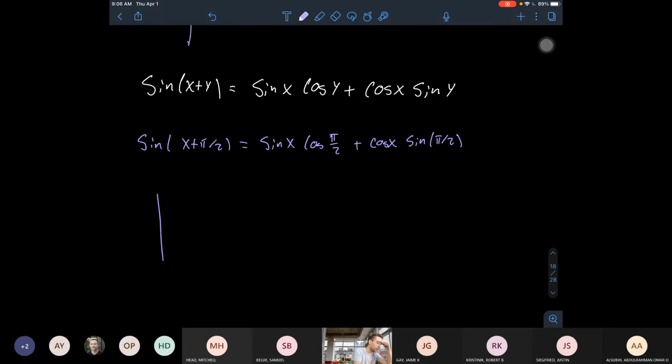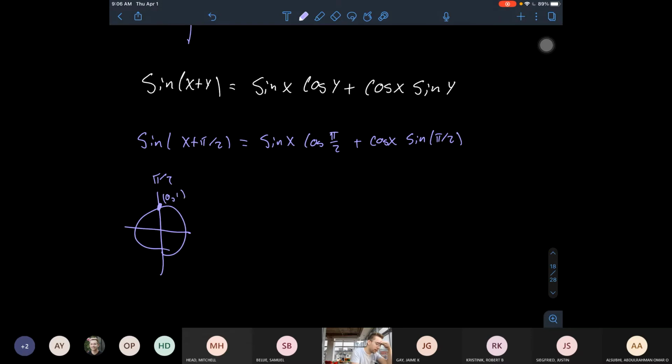And if we look at the unit circle, pi over 2 is facing straight up. And the point up here is the point (0, 1). It has y value 1, so sine of pi over 2 is 1. And it has x value 0, so cosine of pi over 2 is 0. So this whole term goes away because we multiply by something which is equal to 0.